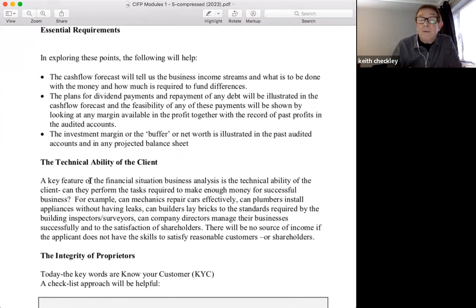And the feasibility of these payments will be shown in the margin available in the profit from the income statement, together with the record of past profits in the audited accounts or the unaudited statement of affairs that are produced. The investment margin or buffer or net worth will be illustrated in the past audited accounts and in any projected balance sheet going forward.